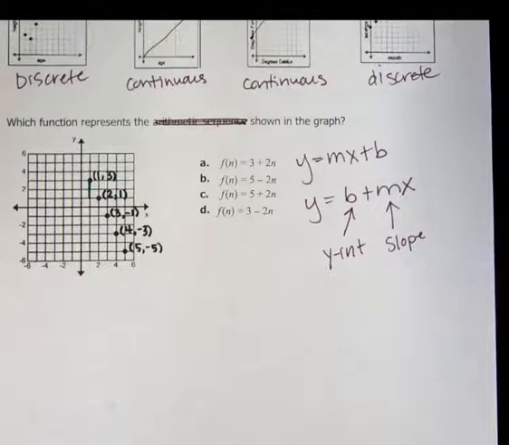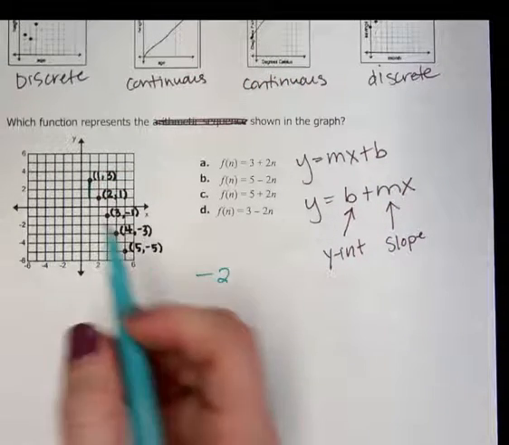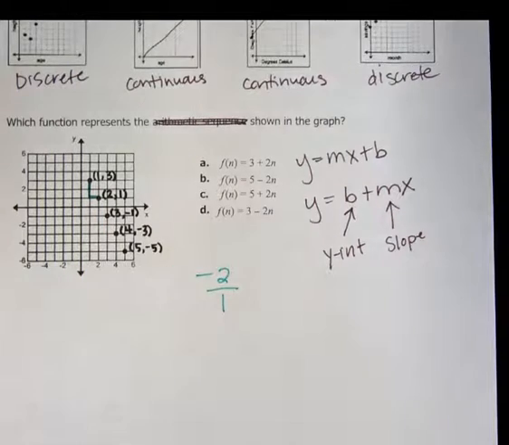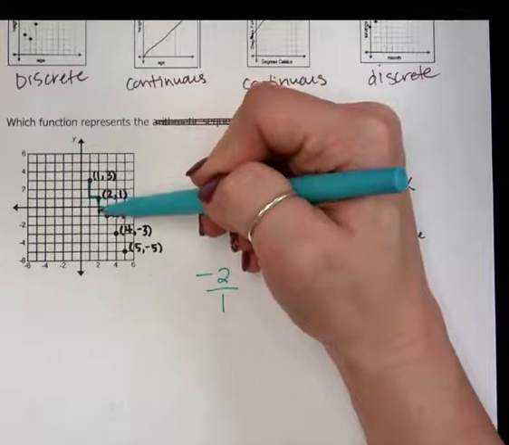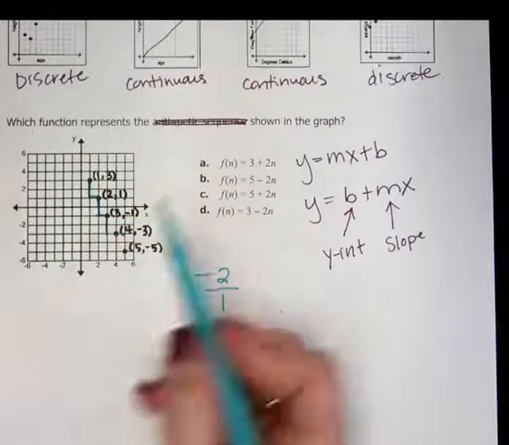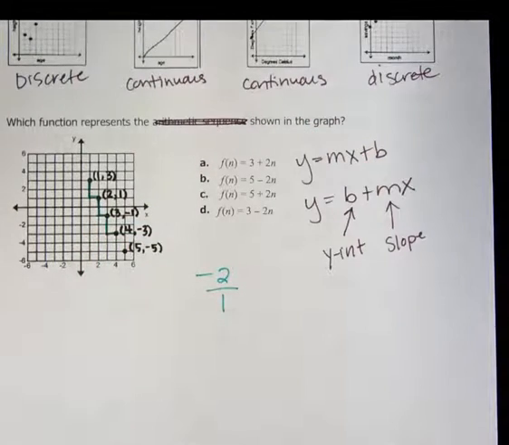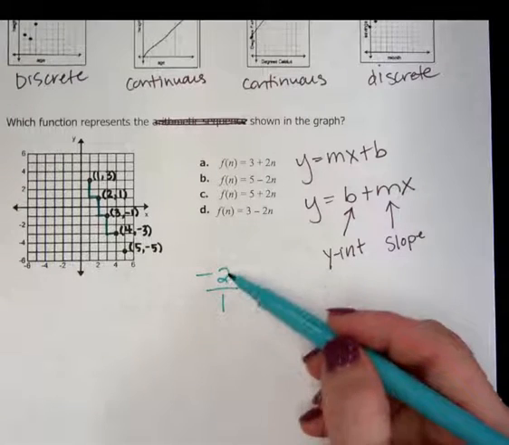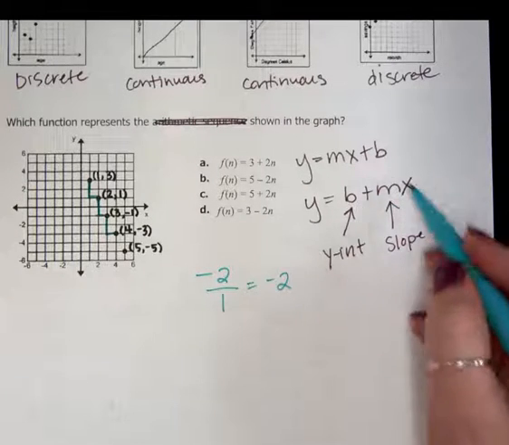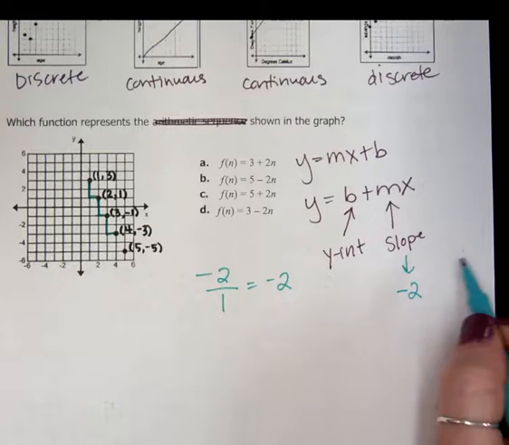So I went down 2, so that's a negative 2, and then over 1. If I did it again, down 2, over 1, down 2, over 1. It's a pretty good slope. So down means negative, so down 2 over 1. So my slope is negative 2.